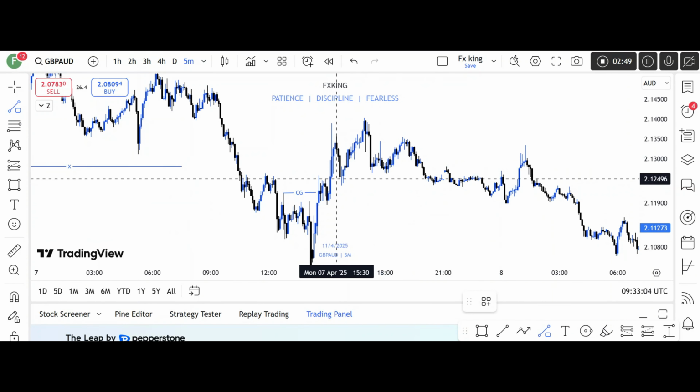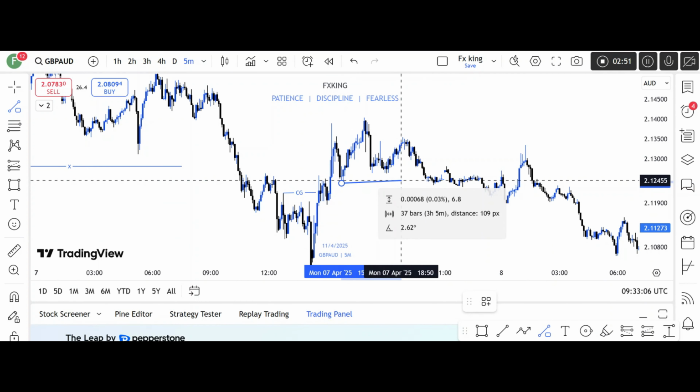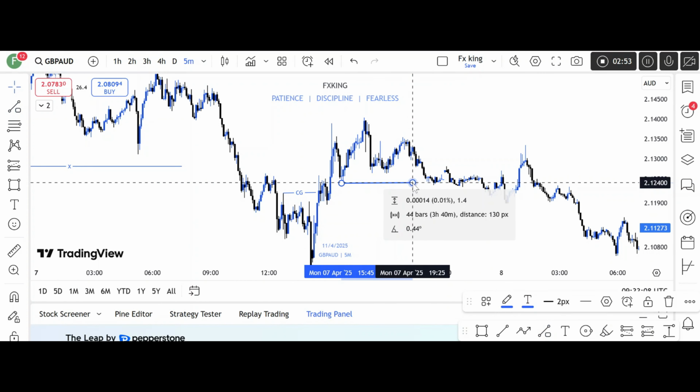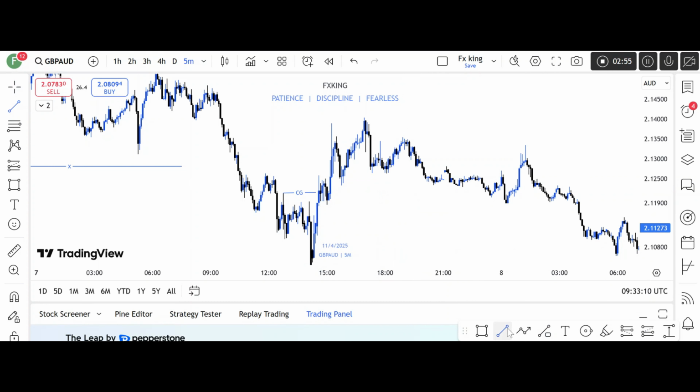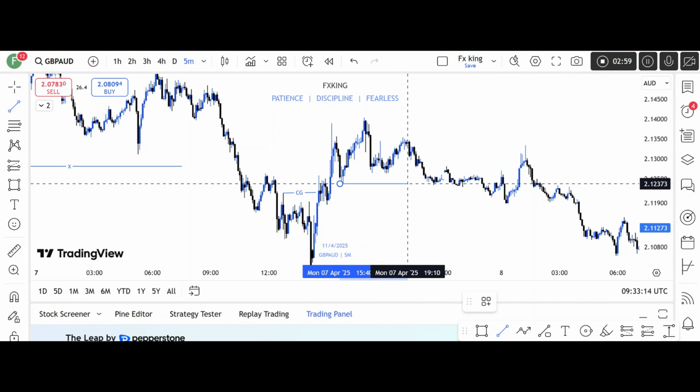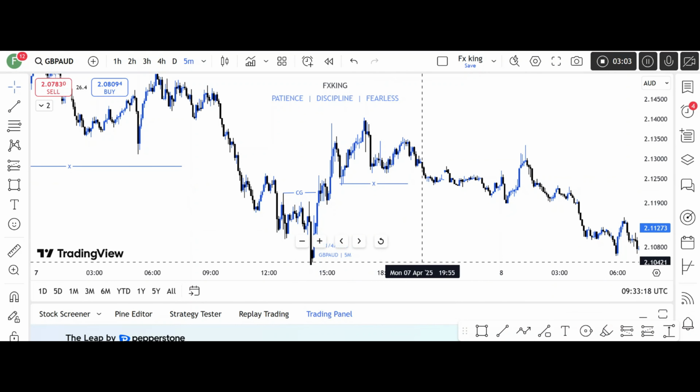Sorry about that, I'm not supposed to be using that line. So this is where our inducement is. This is our first liquidity that needs to be taken out before we can enter this trade.